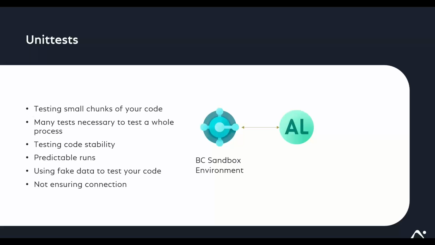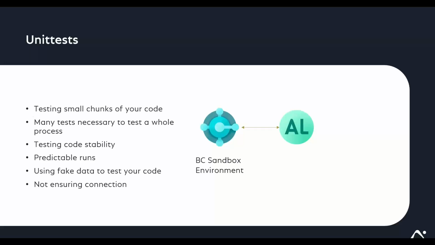We have highly predictable runs because we use the same data for every run, and we use, for instance, fake data to ensure the data is always the same. But what we're not testing here is the connection between the two systems. So we're testing only in Business Central and not testing the connection between the systems.